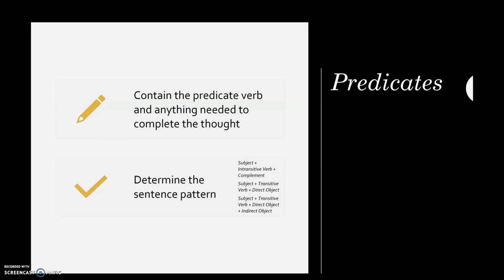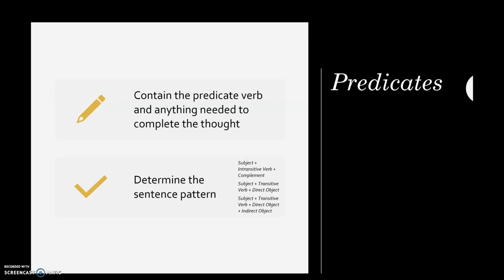I think there are 7 of them, but the 3 we're looking at right here are subject plus intransitive verb plus a complement. An intransitive verb is a verb that does not show action, and does not have a direct object, so a recipient of an action, because it doesn't show action, right? A subject plus a transitive verb plus a direct object, so you'll have a subject plus something showing action plus the recipient of that action, which is the direct object.